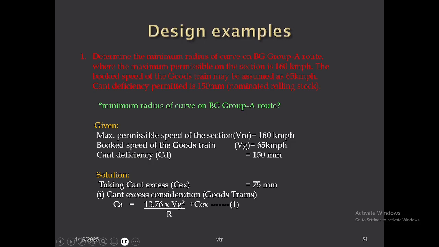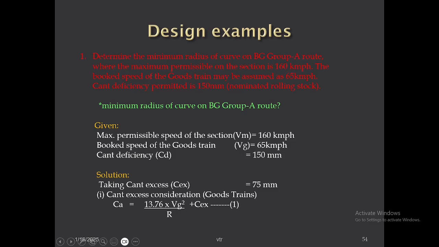Consider the cant excess. Suppose equilibrium cant, what does equilibrium cant mean? That is the cant required for the goods train speed. Normally cant excess comes into play only for goods trains. That is why we are considering the goods train speed.